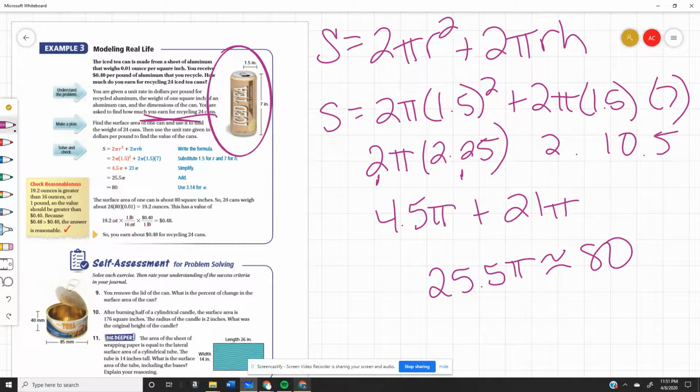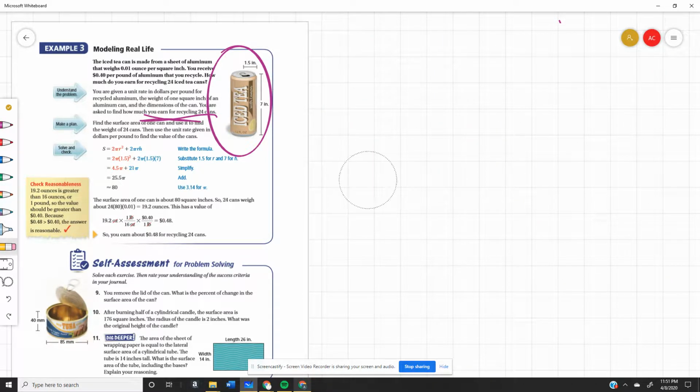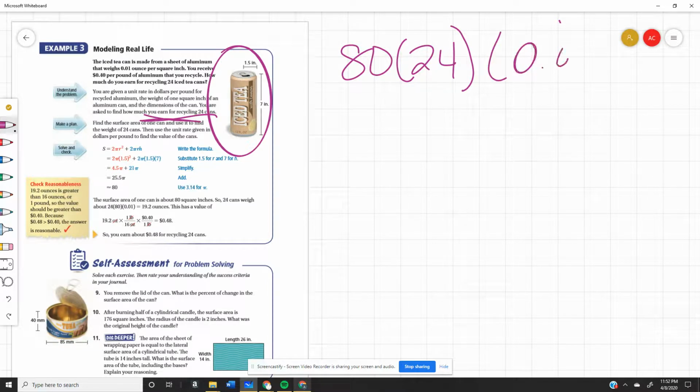So what we're going to do now is multiply that 80 times 24, because there's 24 cans. Right here they tell us that each can weighs 1/100th of an ounce per square inch.